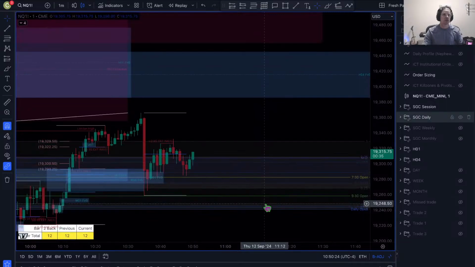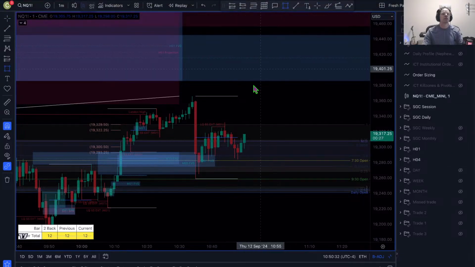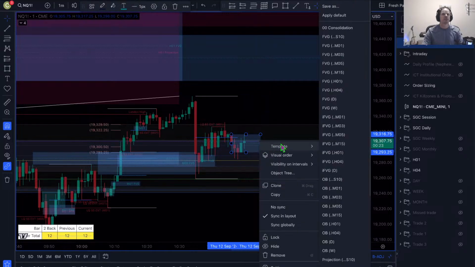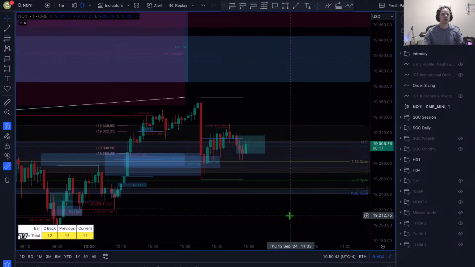Looking like a liquidity sweep to me, and that we're going to continue up. We've now swept that. So you get it closed back above here on that one. I'm okay trading this structure back to the upside. But if we don't, which it looks like we might not, then that's not going to be a trade.